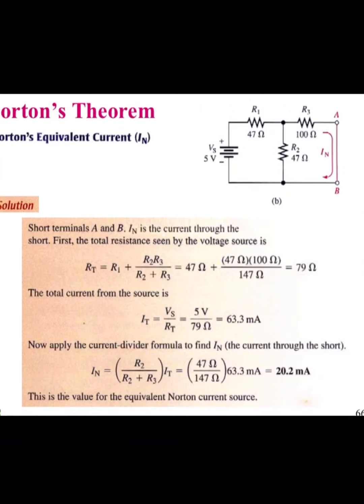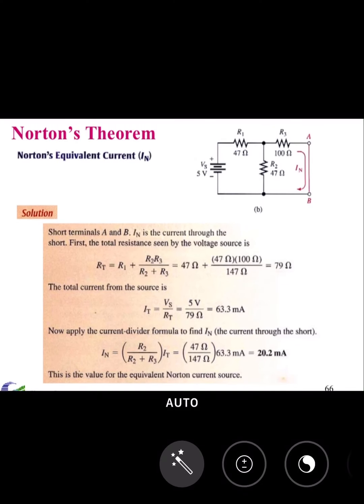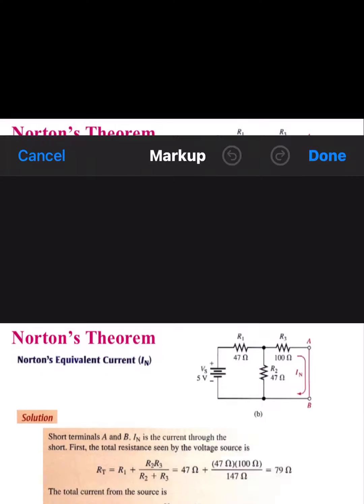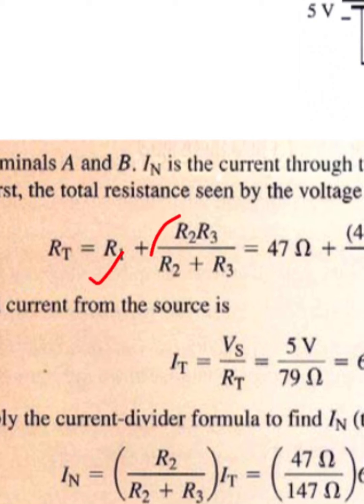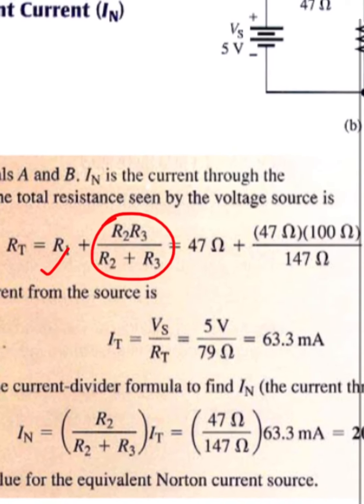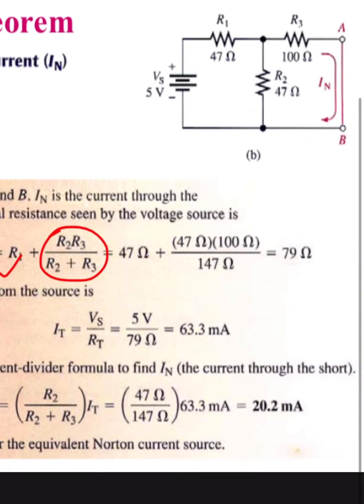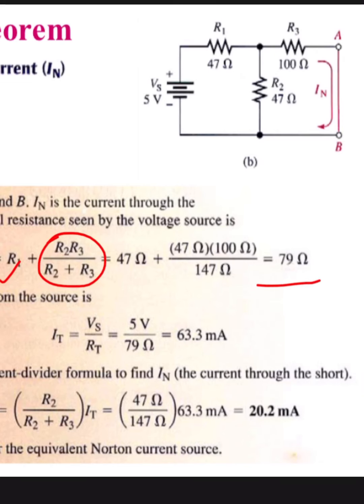So IN will be this Vs upon RT. This RT will be R1 plus the parallel combination of R2 and R3. So it will become 47 plus this combination, and it comes out as 79 ohm. So I will be 5 volt divided by 79 ohm, which will be 63.3 milliampere.